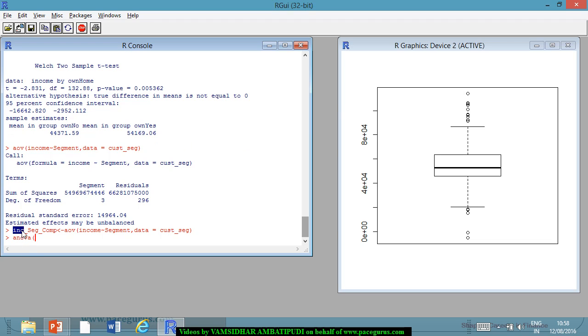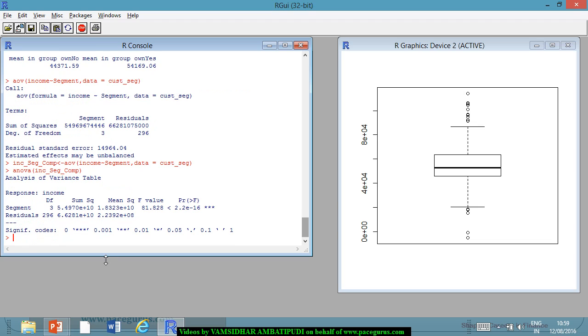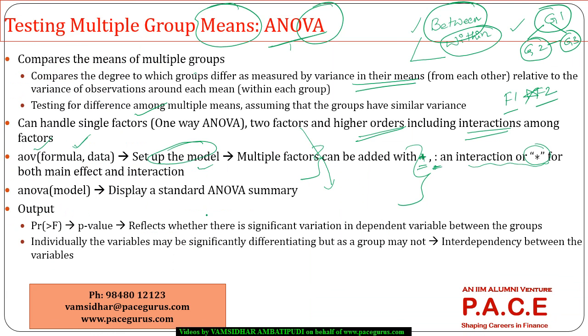So I'll do an anova of this particular variable. So this is what we call the standard ANOVA table. Right? So the degrees of freedom, segment versus the residuals, sum of squares, segment versus the residuals, mean squares of the segment versus the residuals, F value and the probability of greater than F. So this is the typical ANOVA table that comes out.